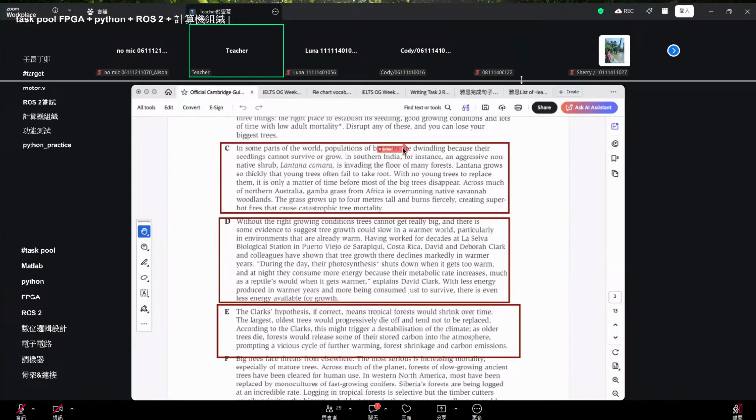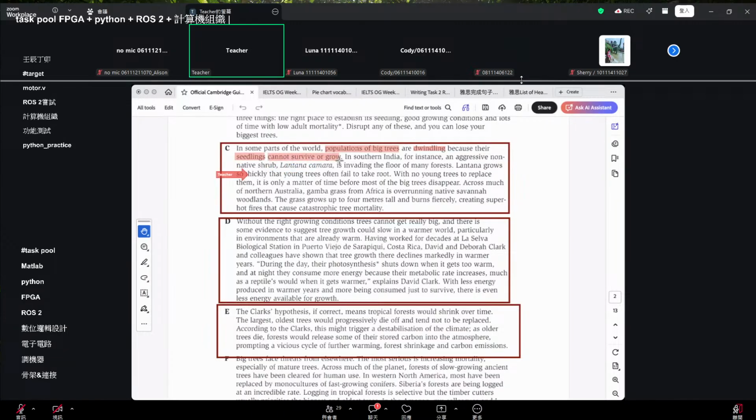Okay, so they were saying populations of big trees are decreasing. Okay, because their seedlings cannot survive or grow, because their young trees couldn't survive. And then they couldn't grow.